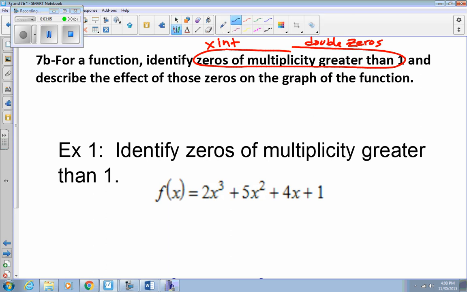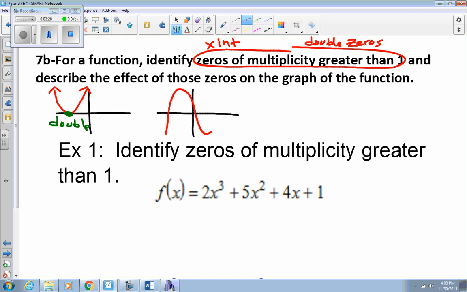Some quick examples of graphs. If you ever see a graph come down, come back up, or it comes down, that's known as a double zero. We count a double. So there's multiple zeros here.